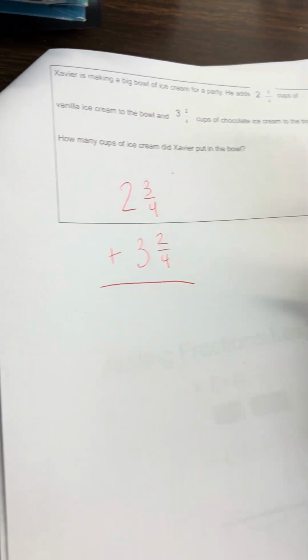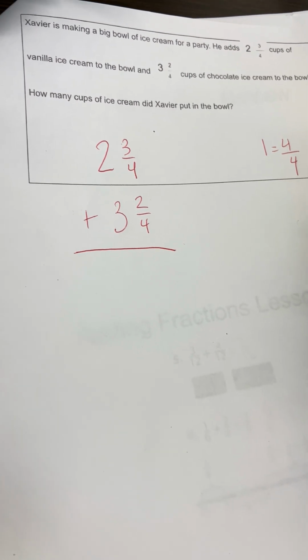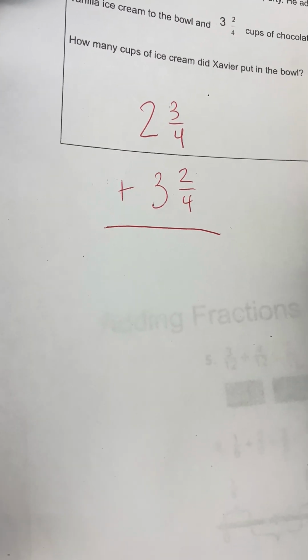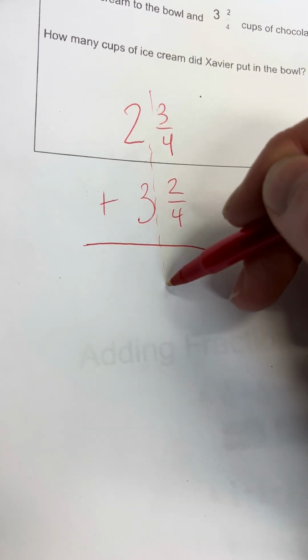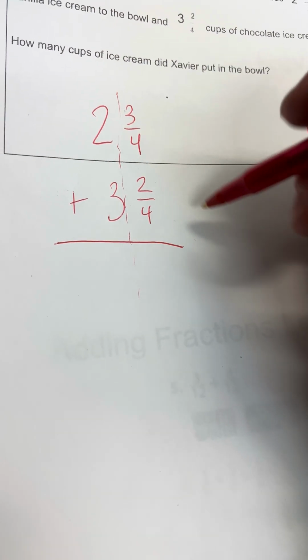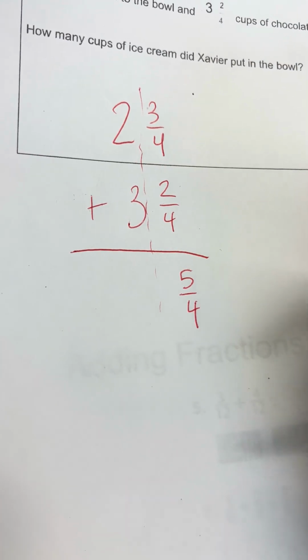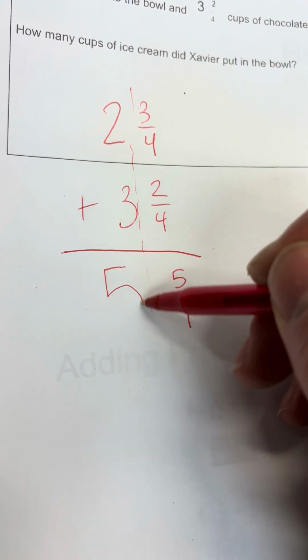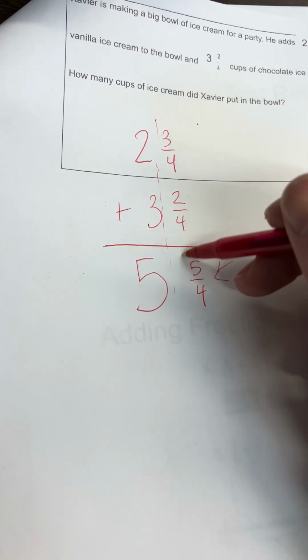I know in this example, 1 is equal to 4/4, which is probably going to help me later. 3/4 plus 2/4, I can make my dividing line even in addition. 3/4 plus 2/4 is 5/4. 2 plus 3 is 5. 5 5/4. Right away, alarm bells going off.